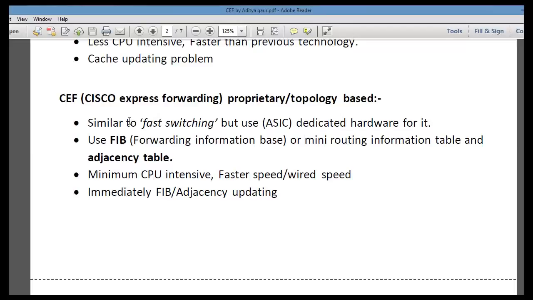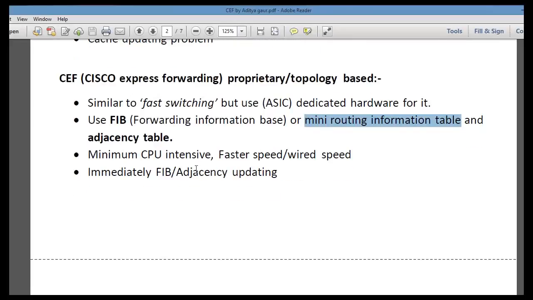So Cisco Express Forwarding actually maintains two components. One is known as the FIB, which stands for Forwarding Information Base. It's similar to a mini routing table, and the rest of the layer 2 addresses and information are maintained by the adjacency table. This is minimum CPU intensive with faster speed, sometimes also known as wire speed.